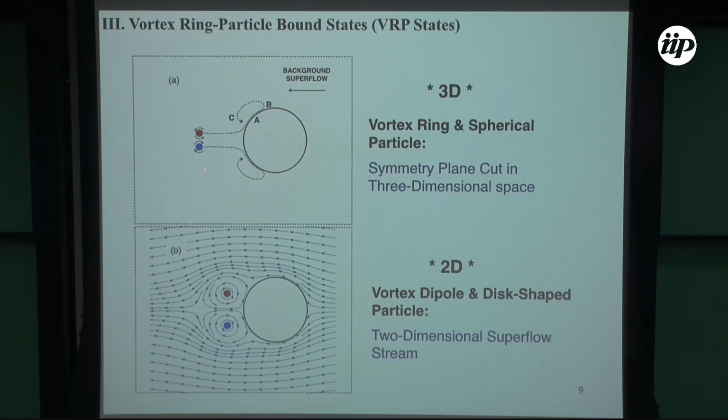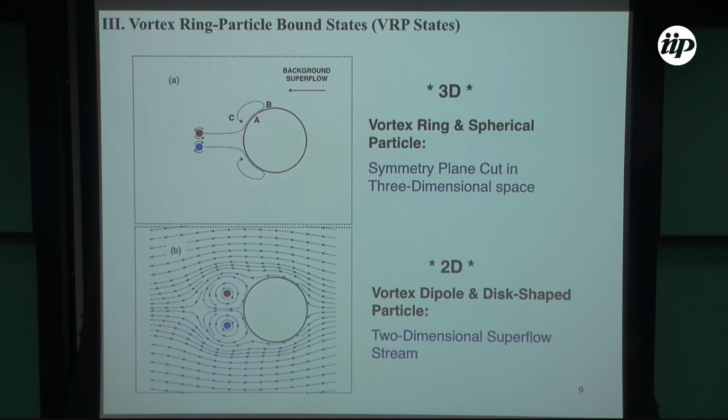And the superfluid velocity out of the particle is the combination of the background, the velocity field produced by the vortex ring, and the vortex ring produced as the image inside the particle. And this way, at some point, its movement will be dominated by the vortex ring image when it approaches so close to the particle.